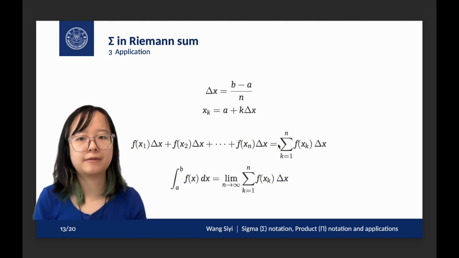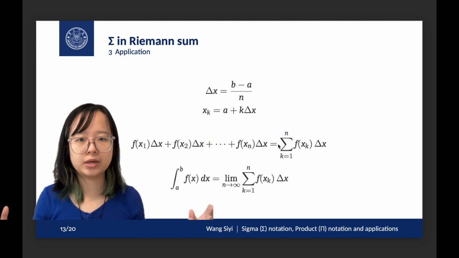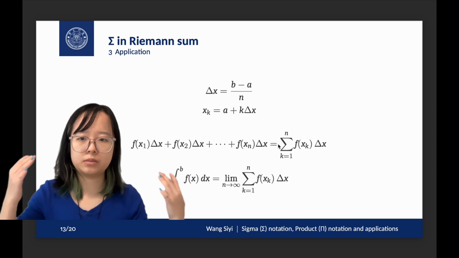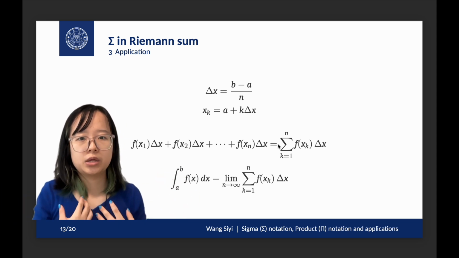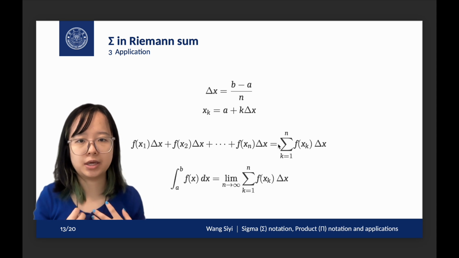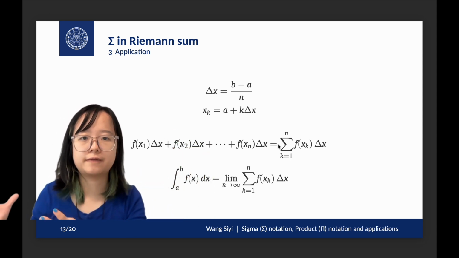So we can write the area simply in sigma notation, but when we calculate the integral, we must add a limit as n tends to infinity in front of our sigma notation.